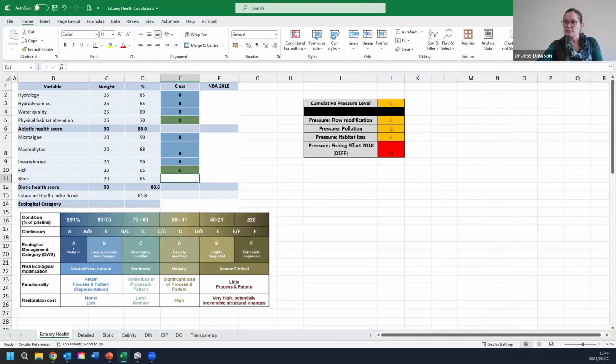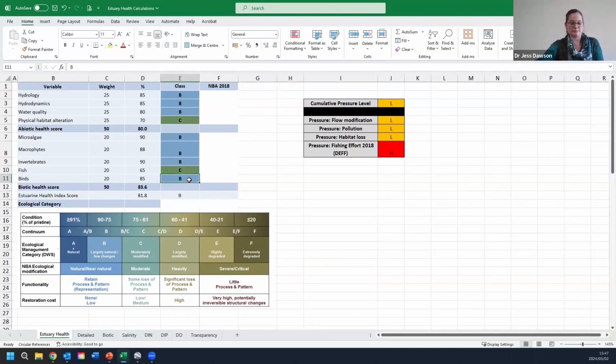So B. So here we have our score for the biotic factors is 83. Score for the abiotic is 80. Because they're evenly weighted at a 50-50 ratio, your health score that you've given this estuary is an 81, which puts it solidly in a B health score.